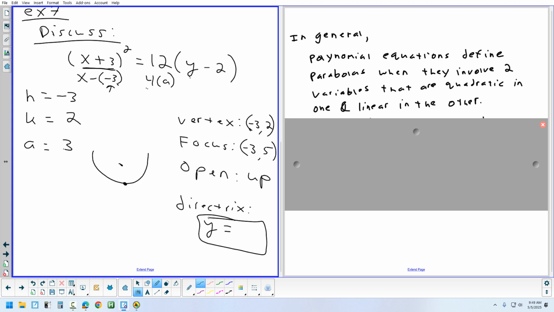So what would be the horizontal line 3 units below that? -3, -1. Well, we need an equation. y equals -1. Yep. So the vertex has to be exactly halfway between focus and directrix.